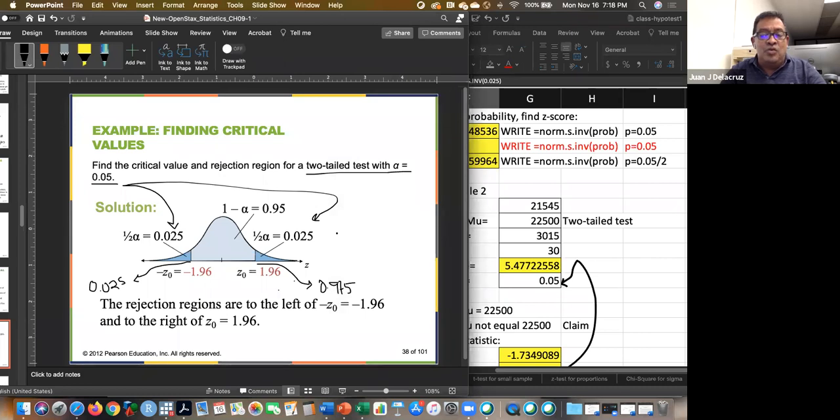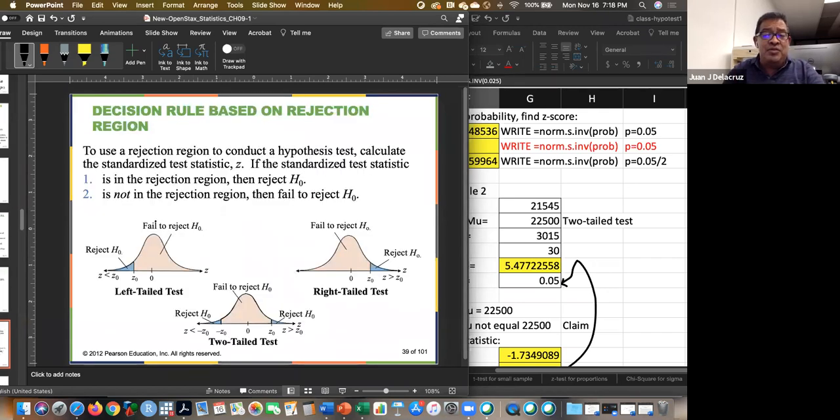So what I'm gonna do is that I am gonna compare this C-score from the critical value with the C-score that I find with my data. So if my data falls within any of the tails, I am gonna reject H0. If my C-score that I find from the data falls outside of the rejection region, I am gonna fail to reject. Let me be more clear.